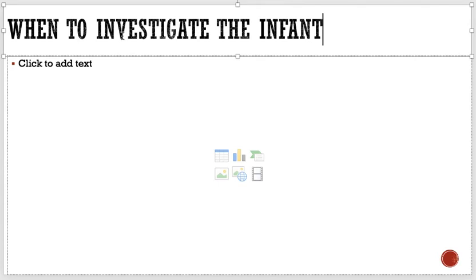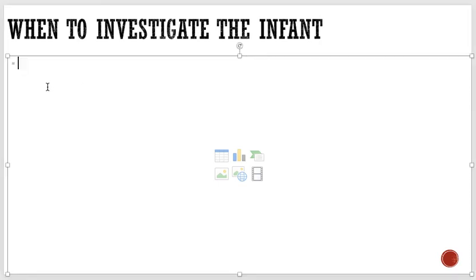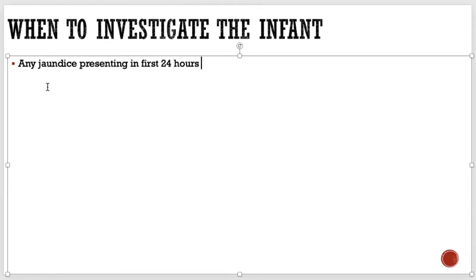So when to investigate the infant? Simply, I told you in the first 24 hours of life it is always pathological. So any jaundice presenting in the first 24 hours of birth.